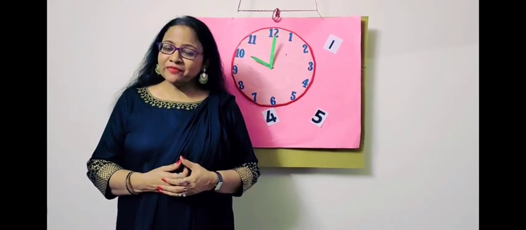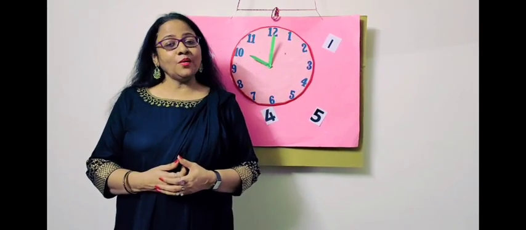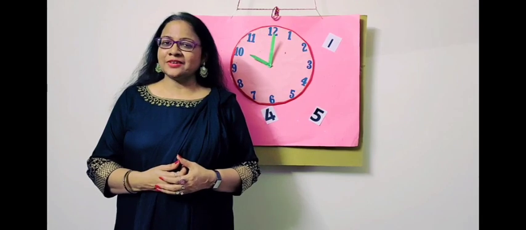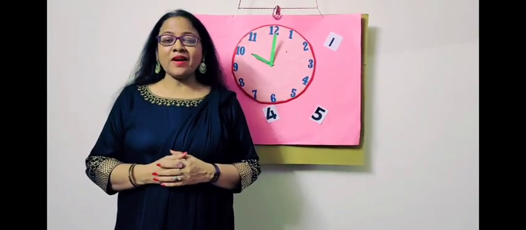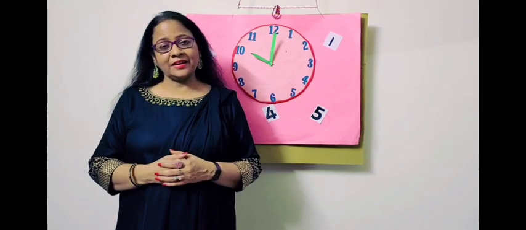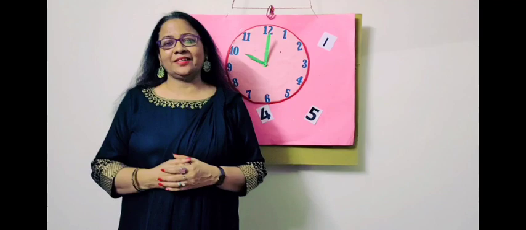So our topic for today is clock. I will tell you all about the clock now. So be ready. But before I talk to you about the clock, I would like you to first look at the clock.